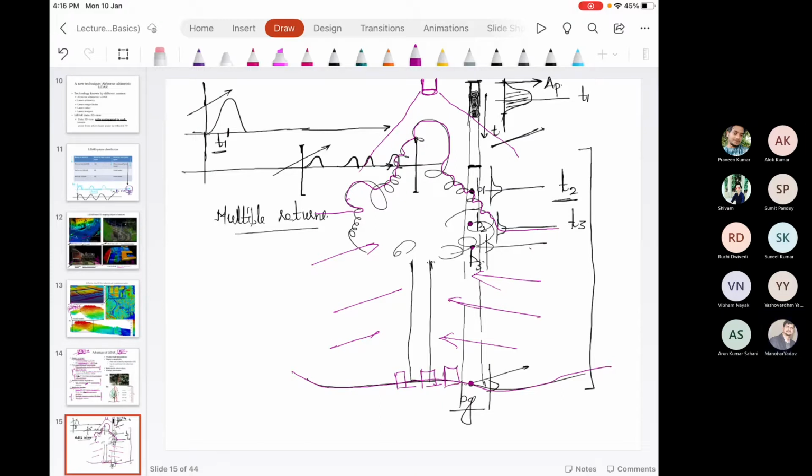Because the canopy is obstructing; this area is not open. The tree canopy obstructs the ground surfaces just below it. LiDAR is an active remote sensing technique. It can penetrate the tree canopies within this confinement, interact with multiple locations, and finally hit the ground.